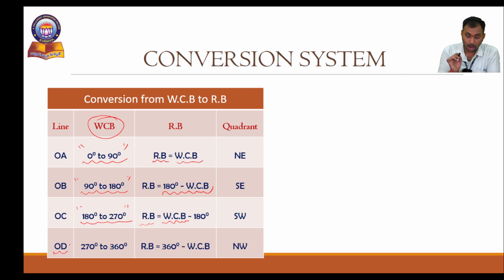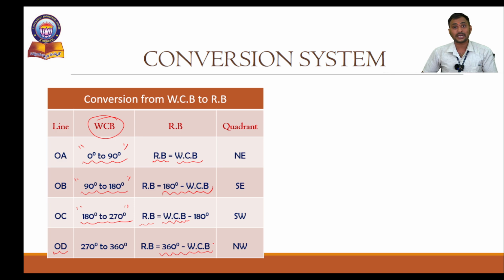And finally the object line OD. If I got the object line OA, which is 280 degrees, how do I convert into the reduced bearing? Nothing but 360 degrees minus WCB.